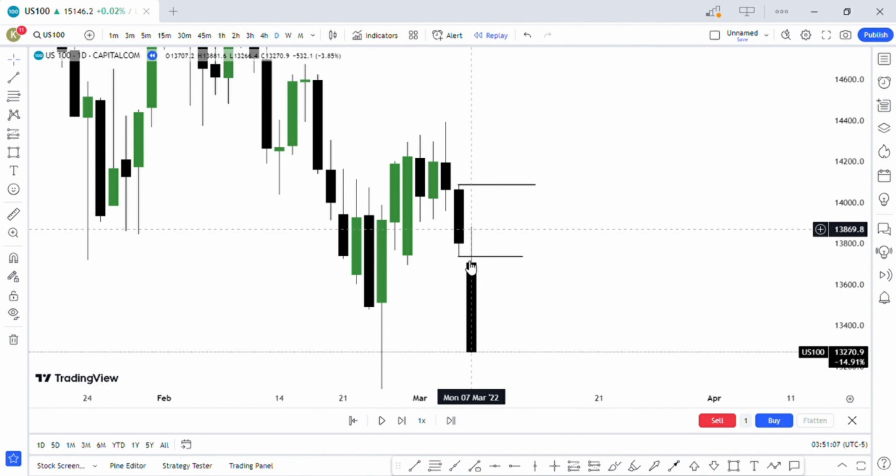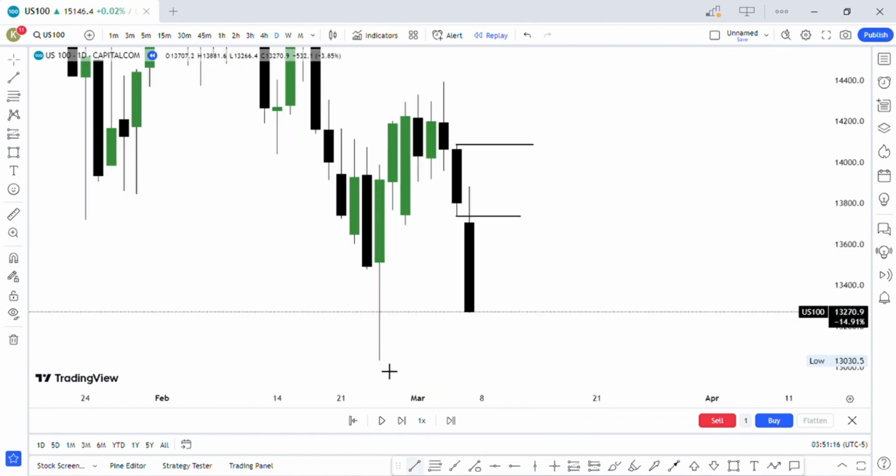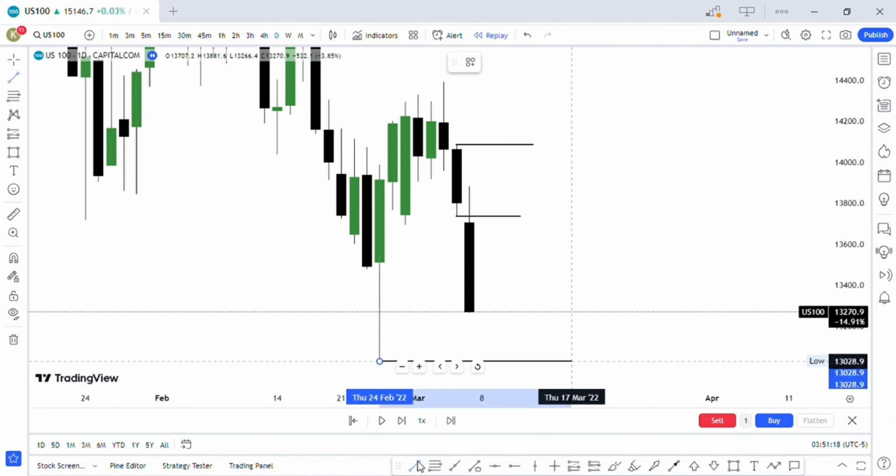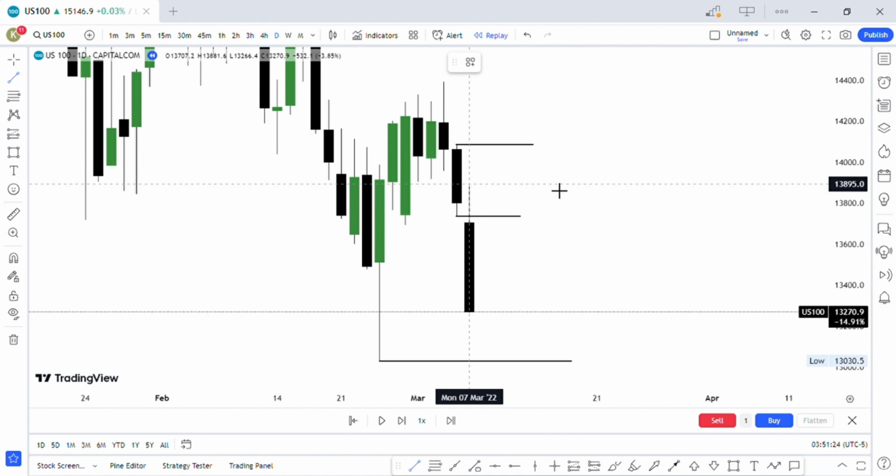Here, when it goes up and it goes below this daily low, we can expect the market to continue and come below this. For reference sake, this is our daily low.